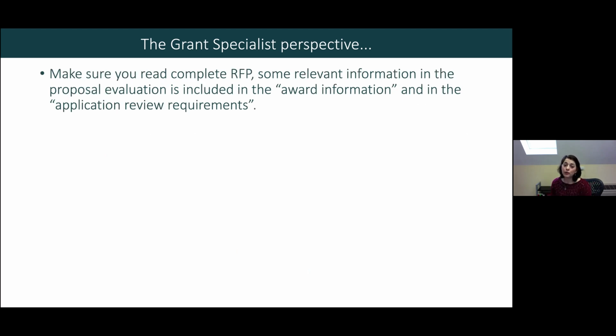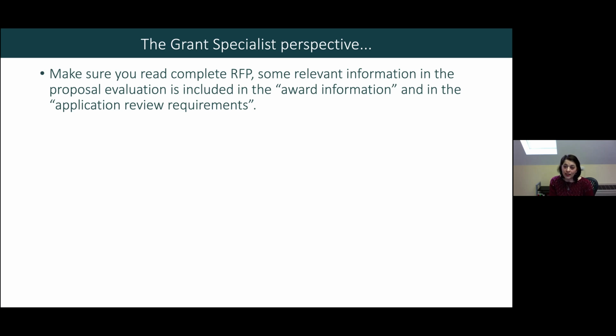Furthermore, when you read the RFP, make sure that you read all the way through, because sometimes when you get lost in the language of award information and review, some people tend to skip those sections. But it is important to go through all of it, because some details on how you're going to be evaluated are at the end, when one thinks that it's not relevant for the PI to read.